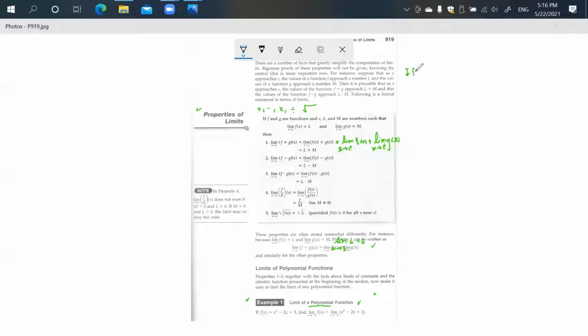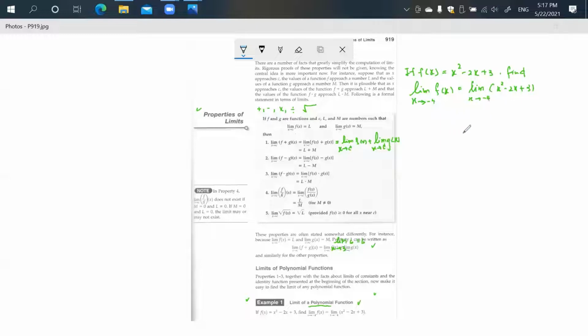If the question says f of x equals x squared minus 2x plus 3, then they want us to find the limit of f of x when x approaches negative 4, which equals the limit of x squared minus 2x plus 3 when x approaches negative 4.